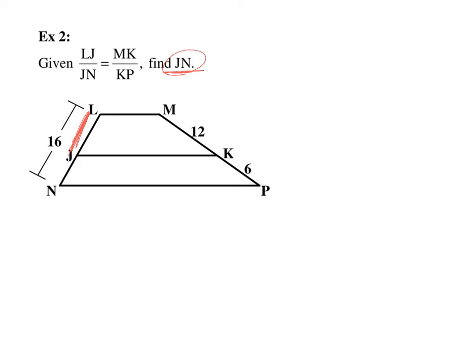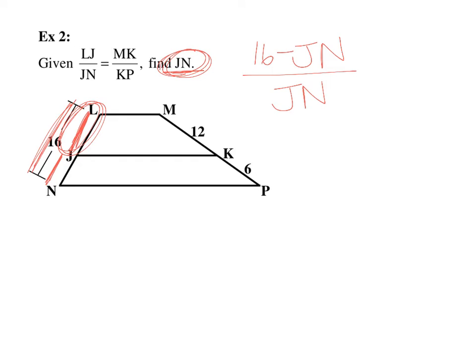If I take 16 and subtract JN, that leaves me with what's left over, which is LJ. So LJ is equal to 16 minus JN, and then over JN, that's what I'm trying to solve for. MK is equal to 12 and KP is equal to 6. There's my proportion.